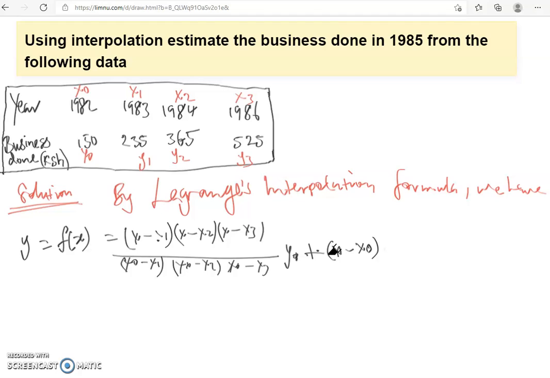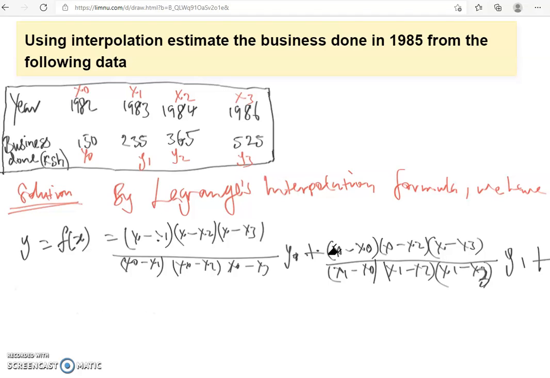We have x minus x2, because this is now y1, so x minus x2, and then x minus x3, divided by x1 minus x naught, x1 minus x2, then we have x1 minus x3. Of course, this will be multiplied by y1.